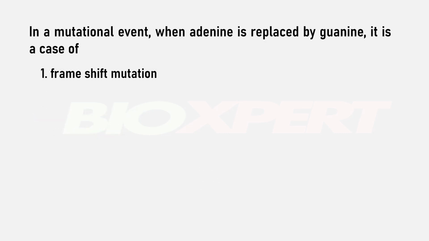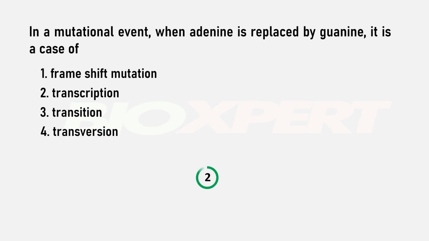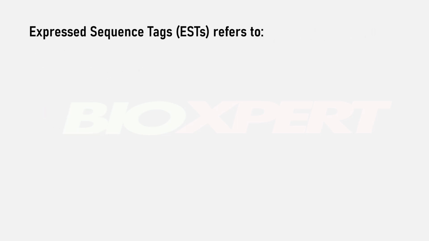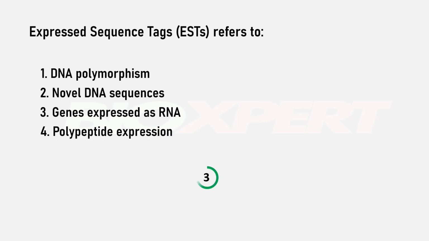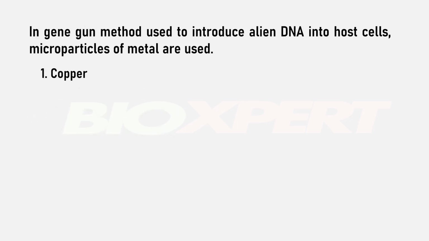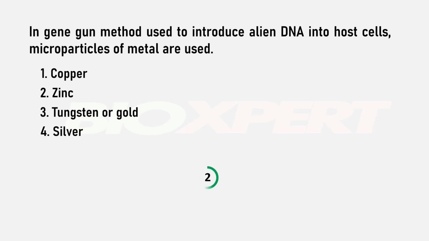In a mutational event, when adenine is replaced by guanine, it is a case of transition. Expressed sequence tags refers to genes expressed as RNA. In gene gun method used to introduce alien DNA into host cells, microparticles of metal are used.